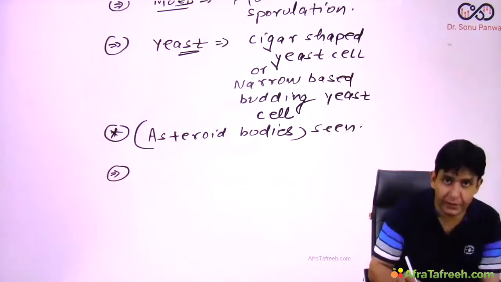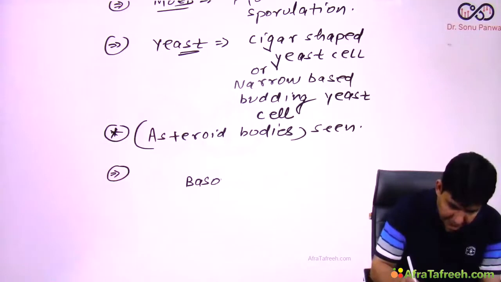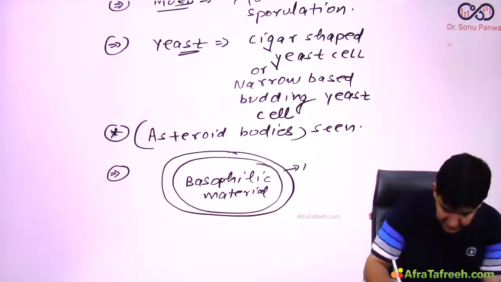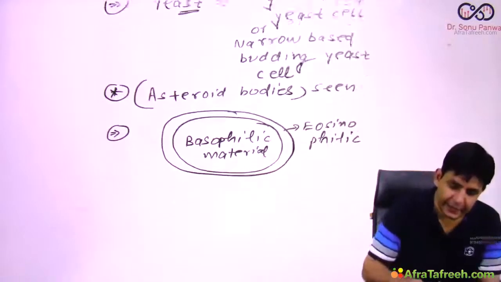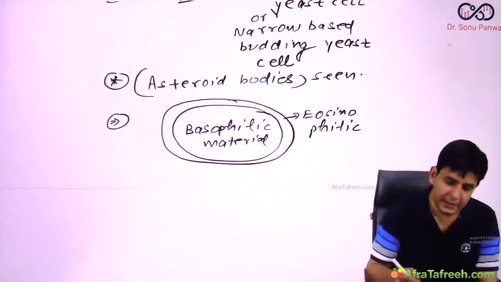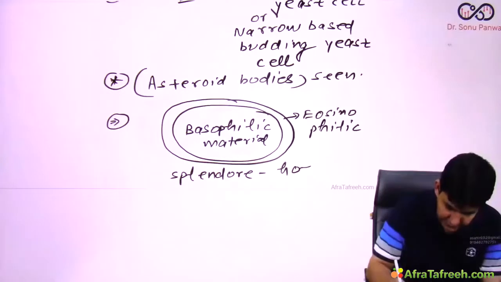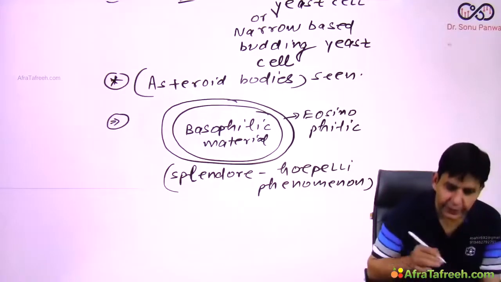Remember, a phenomenon is observed here: basophilic material is surrounded by eosinophilic material, and this particular deposition is termed a phenomenon. What is the phenomenon's name? Splendore-Hoeppli phenomenon. So this also needs to be remembered.